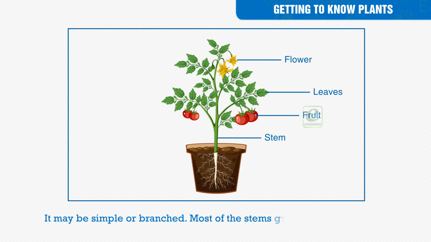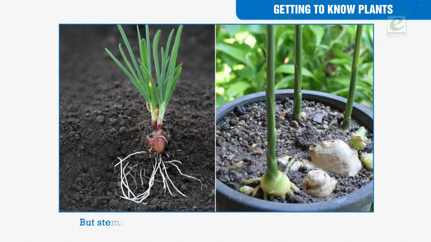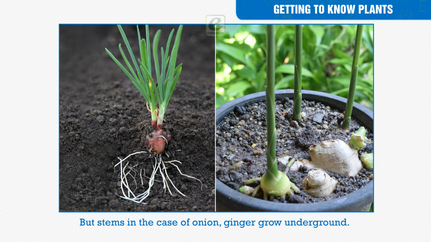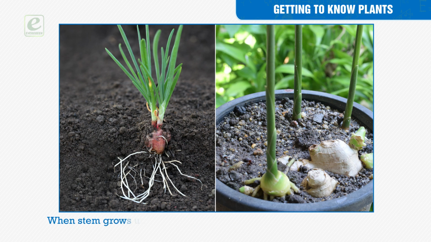Most of the stems grow above the ground, but stems, in the case of onion, ginger, grow underground. When stem grows underground, then it has the function of food storage.